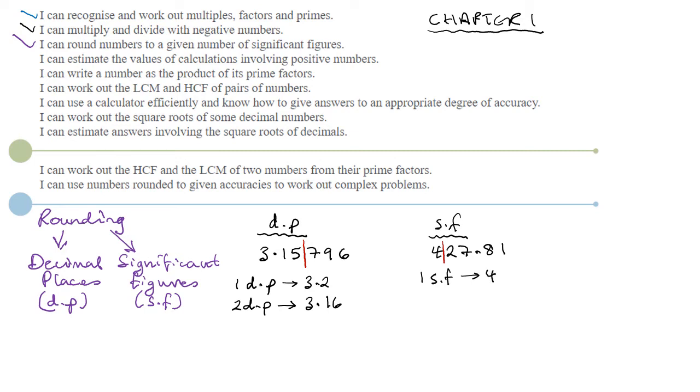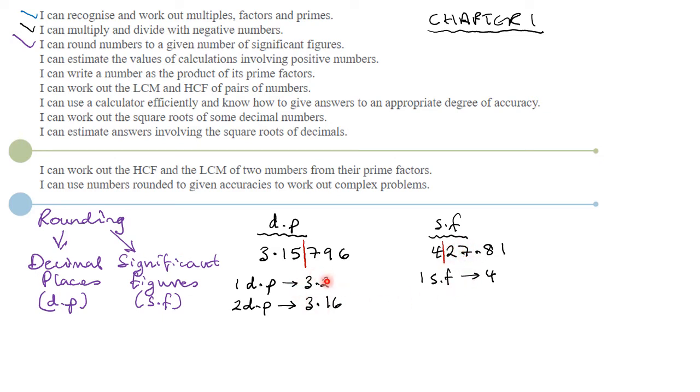But we need to write any digits after that line as zeros. If I just wrote 4 down, left it as it is, I've changed the number completely. See these numbers in front of the decimal point? I need to write these as zeros. So it becomes 400. So don't forget any digits that are in front of the decimal point, which are after the line, we write as zeros.